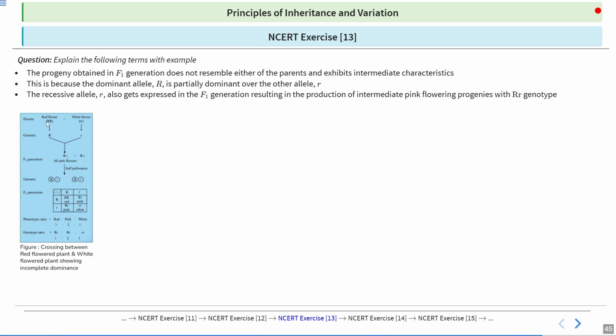You can see the parents: one of the parents is having red flowers, another parent is having white flowers. The parent having red flowers has the genotype capital R, capital R. The parent having white flowers has the genotype small r, small r. Clear? Both are homozygous. One is homozygous dominant, another one is homozygous recessive. Now the gametes produced by them: the red flower parent will produce only one kind of gamete, all containing capital R allele.